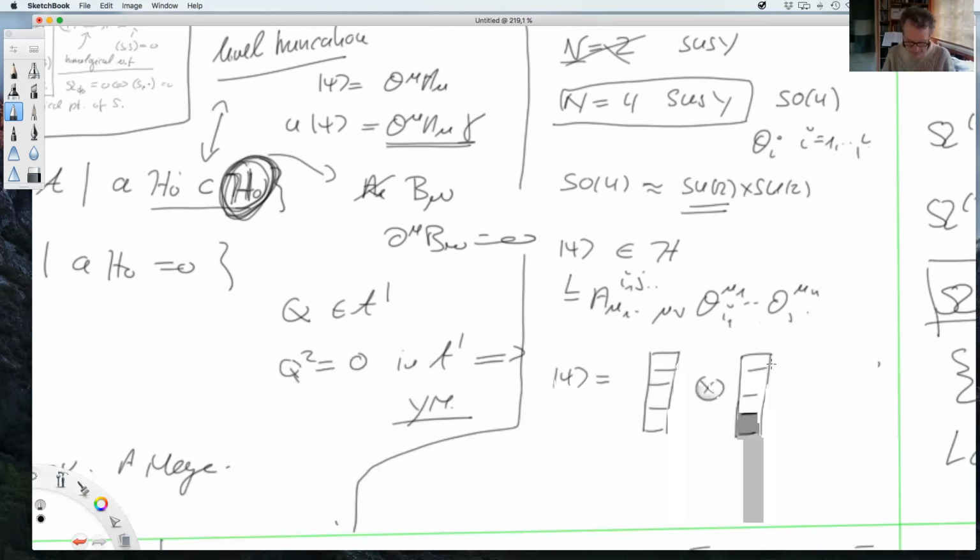The restrictions are, I can, for instance, say that you should only have one box here. But then I can throw out the symmetric part or the anti-symmetric part. So I could say I only want to keep the symmetric or the anti-symmetric part, or I will only keep the trace or the traceless part.